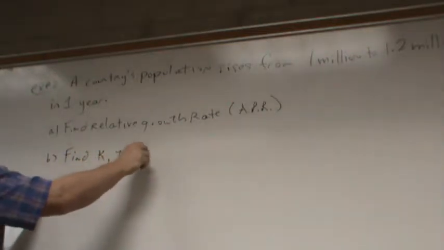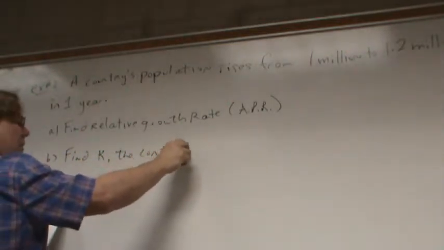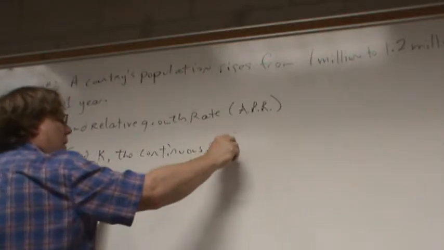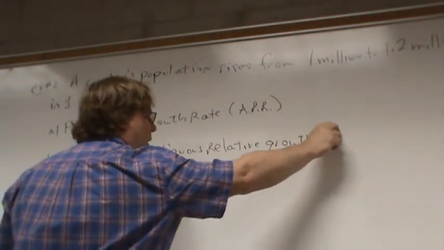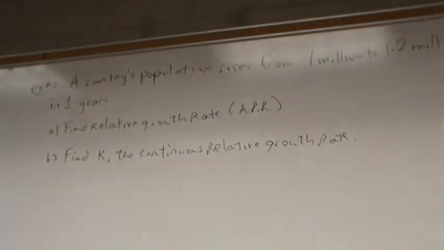Then find K, the continuous growth rate. To find K, you'll do it the same way I did it here. Do it that way.